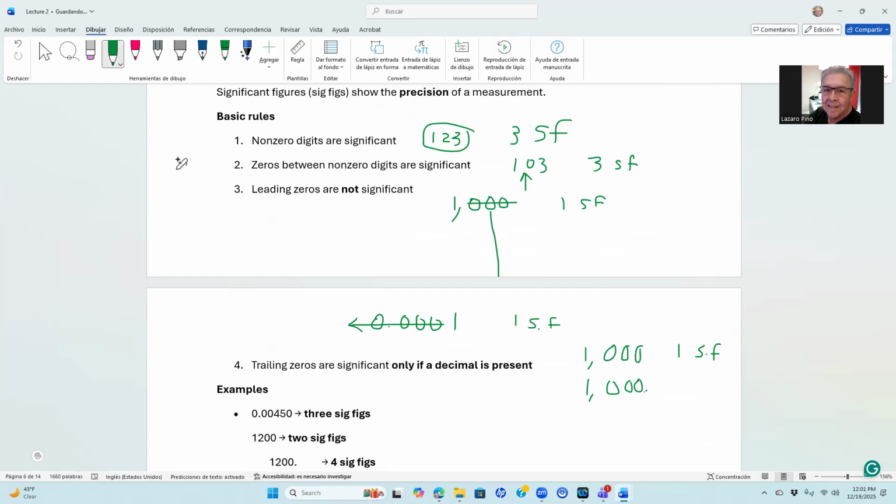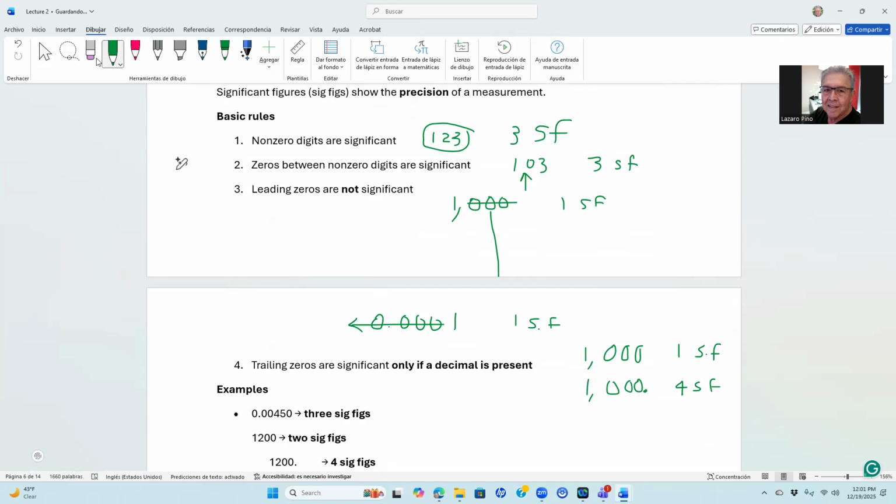If you have a dot, then these zeros are considered significant, and this number has 4 significant figures. Then the dot is very important when you are considering the number of significant figures.